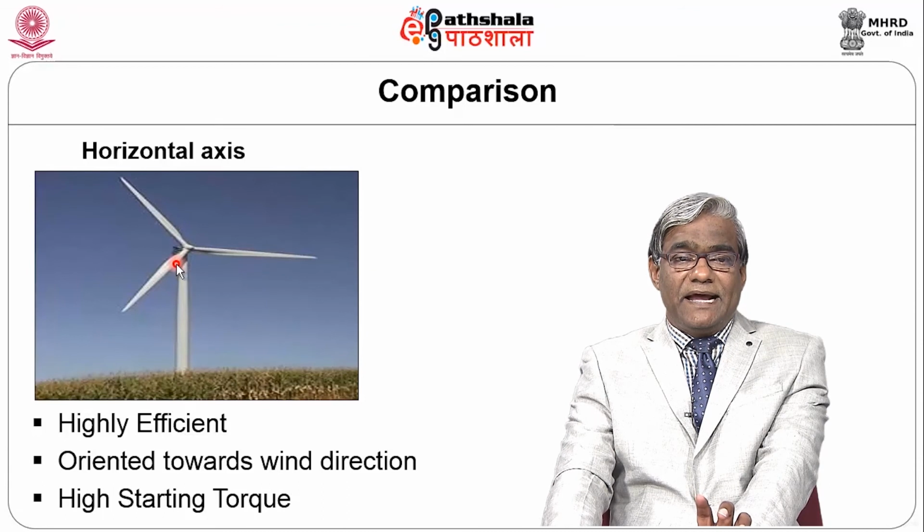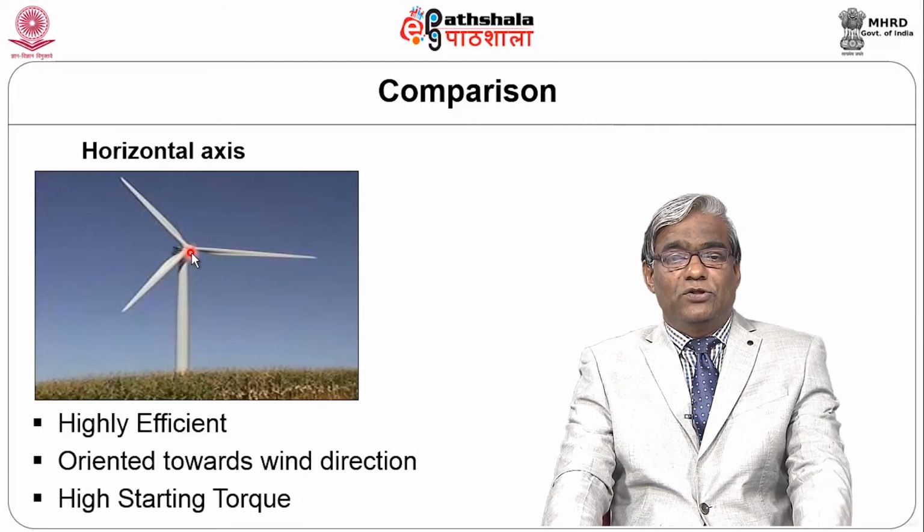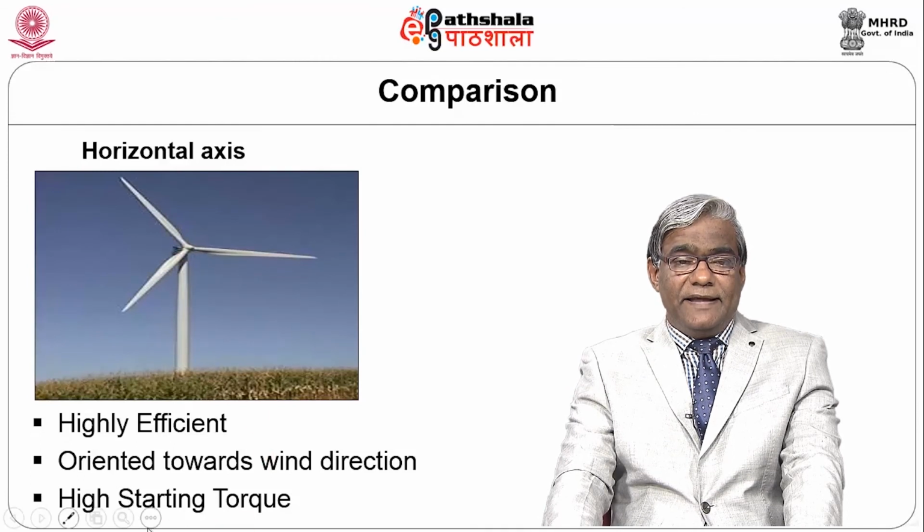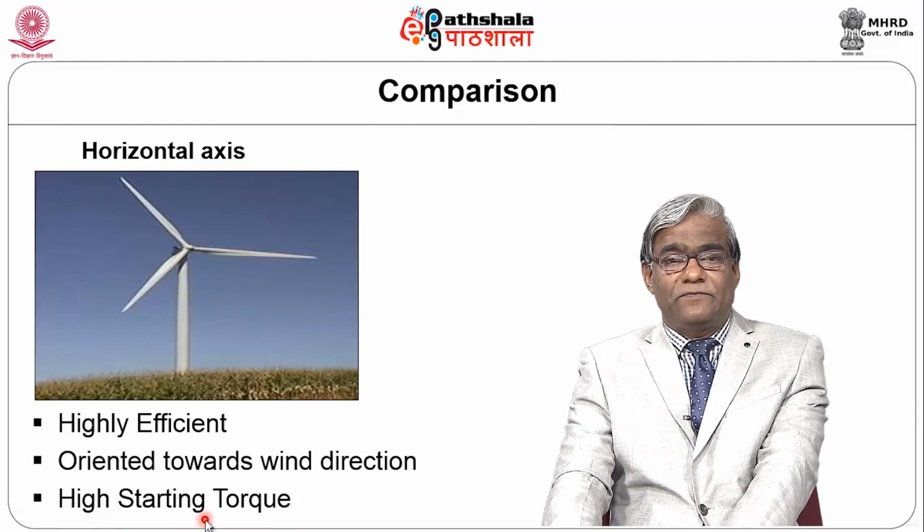The yaw mechanism is incorporated in the horizontal axis wind turbine, and according to the wind direction, the hub and the front face of the blades are twisted. It requires high starting torque.